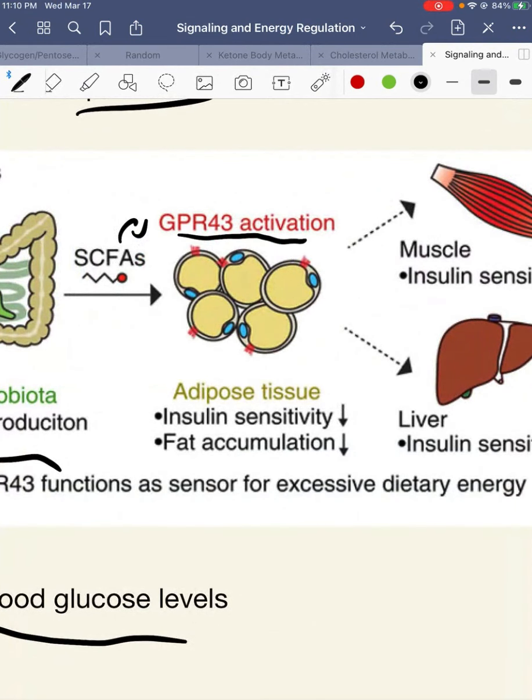They bind through GPCR. In adipose tissue, they decrease insulin sensitivity. This is actually good, because now adipose tissue is less sensitive to insulin, so it won't take up as much glucose. So it won't make fats out of that, so your fat accumulation eventually decreases.